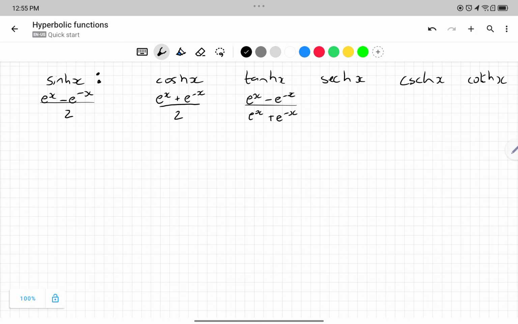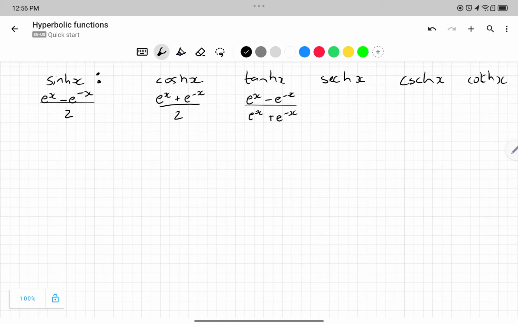Now secant, you know from trigonometric ratios that secant was always 1 over cos. So in this case, we are just inverting, if you understand what I'm saying.